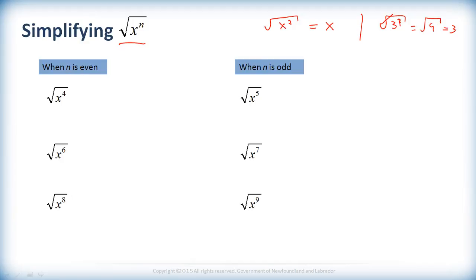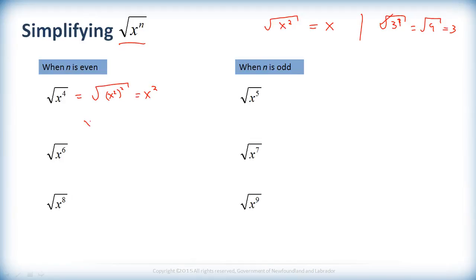Okay, so when n is an even number, that works out really nicely. You can think of the square root of x to the power 4 as x squared, because it's x times x times x times x, and then you can get rid of the radical with the outside square, so you just get x to the power of 2.